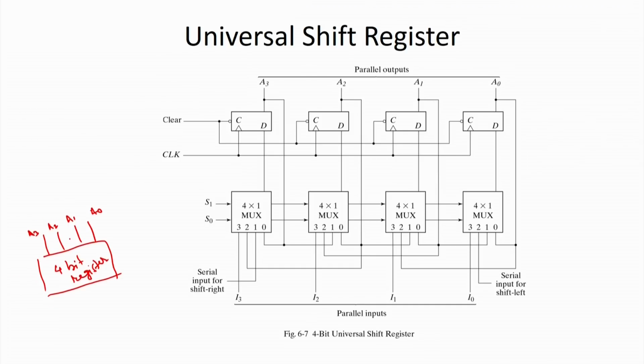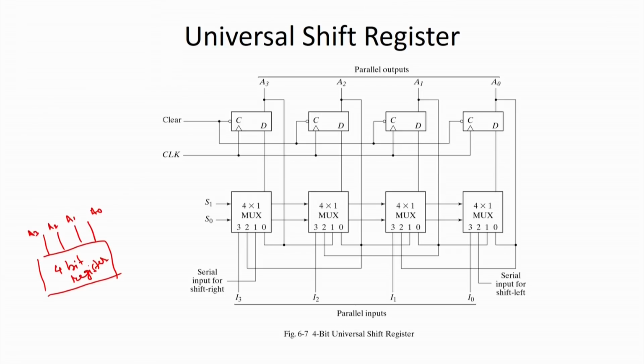Here we are going to talk about a universal shift register. Basically, this is the register with the help of which we can store our information, perform some operations, and take out our information whenever it is required. It is giving a diagram of a 4-bit universal shift register. What happens basically is that it has 4 operations.